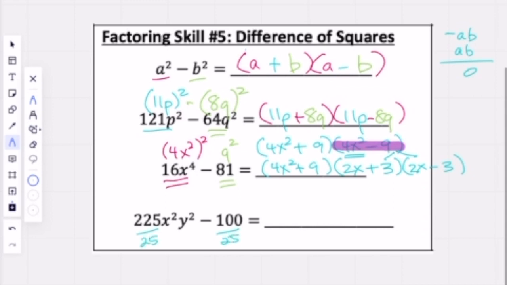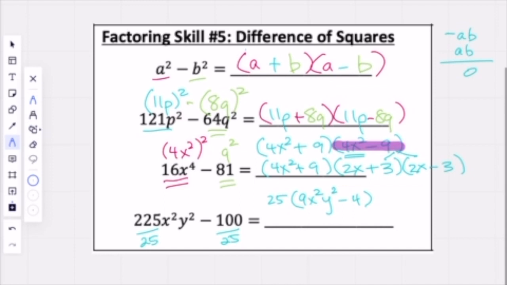So the first thing we're going to do is factor out that 25, and then see what's left. Now, if we factor the 25 out of the 225, that's going to give us 9x squared y squared. And then that 100 divided by 25, I got 4 quarters in my pocket, that's going to give me $1, so that's going to give me that 4.